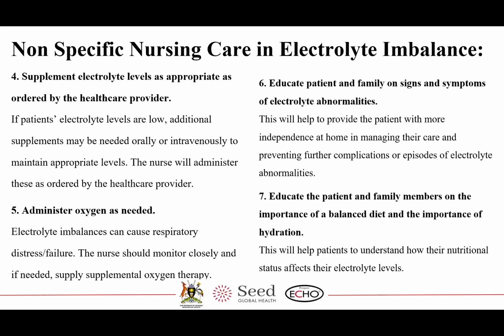And then you'll have to administer oxygen as required. Some of these electrolyte imbalances can lead to respiratory distress. So as a nurse, you are monitoring your patient by your vitals. The next thing is you have to initiate oxygen supplementation based on the level of your patient's severity.